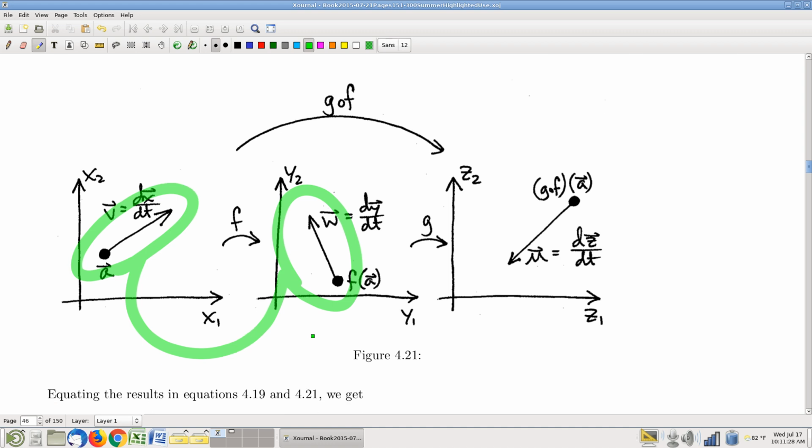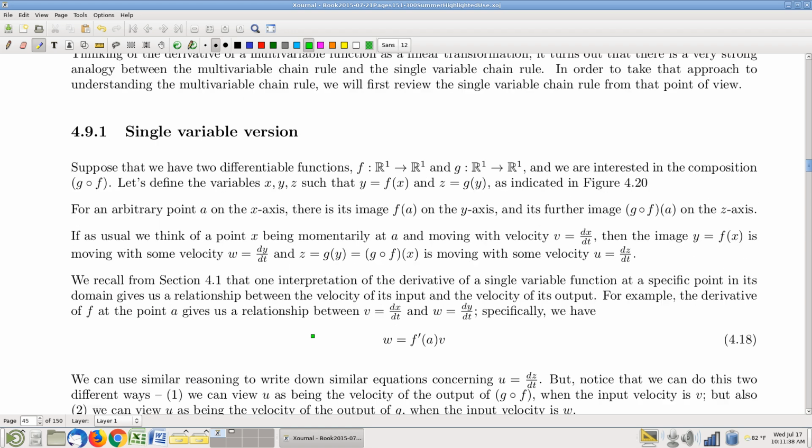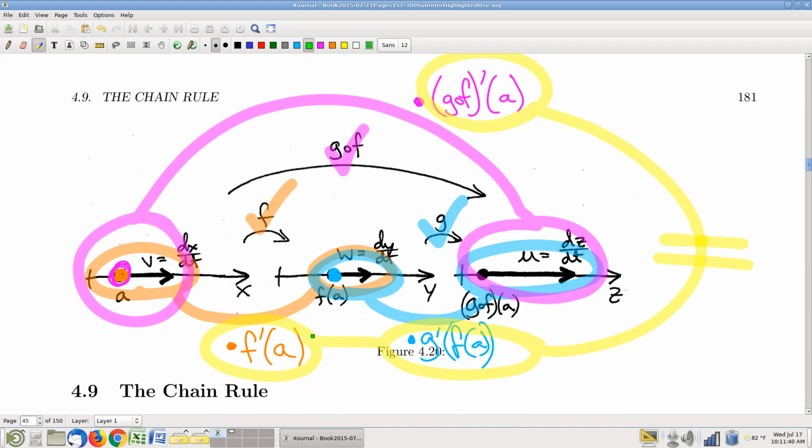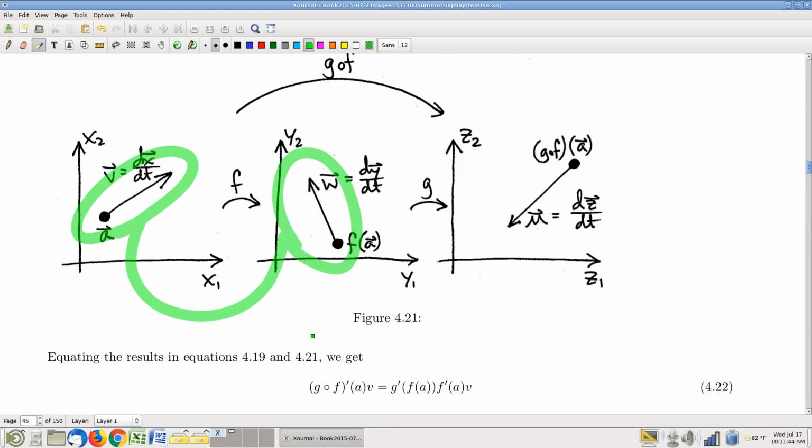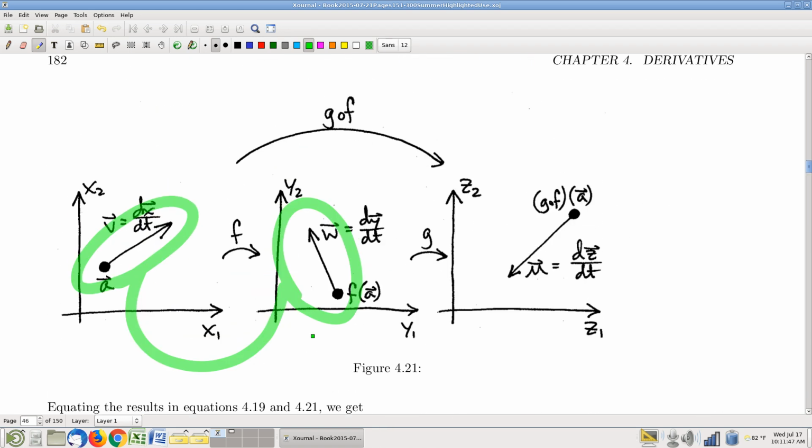How do I take a dx dt and turn that into a dy dt? And the answer is we apply the derivative transformation. Now, back in a Calc 1 context, you multiply by the derivative of the function f. In this multivariable context, you apply the derivative transformation of f.